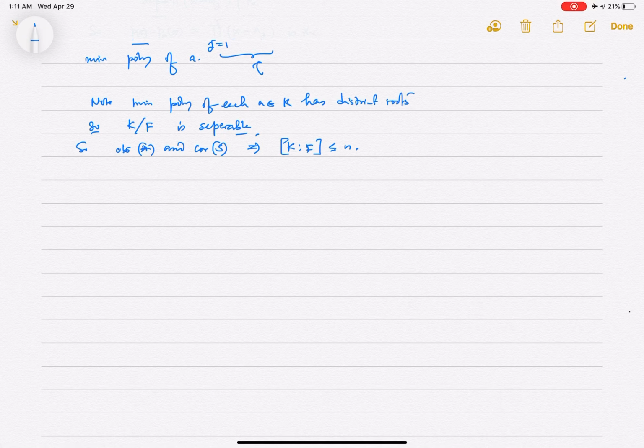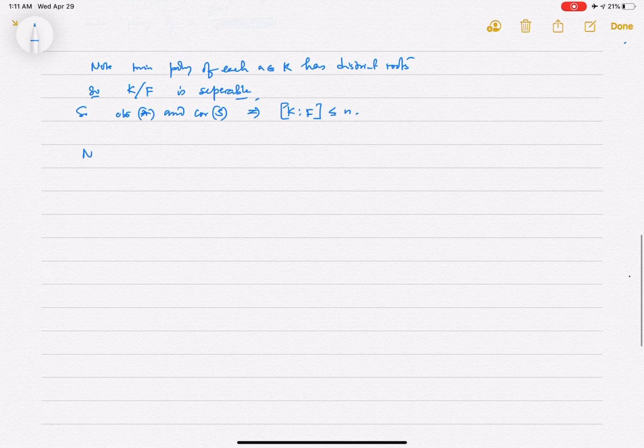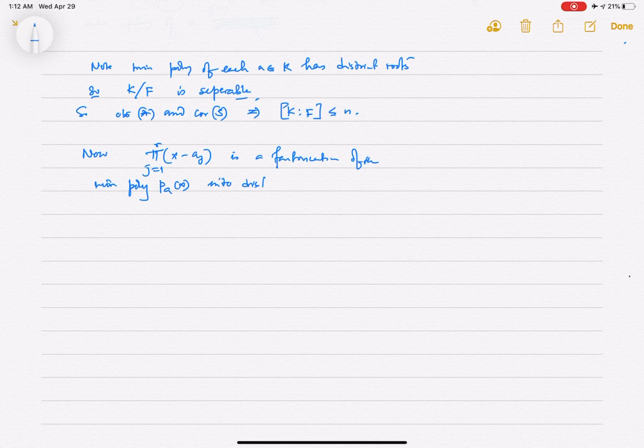Now that you know that this is a finite extension, you note that this product is a factorization of this minimal polynomial into distinct linear factors. This is a factorization of the minimal polynomial p_a(x) into distinct linear factors in K[x].